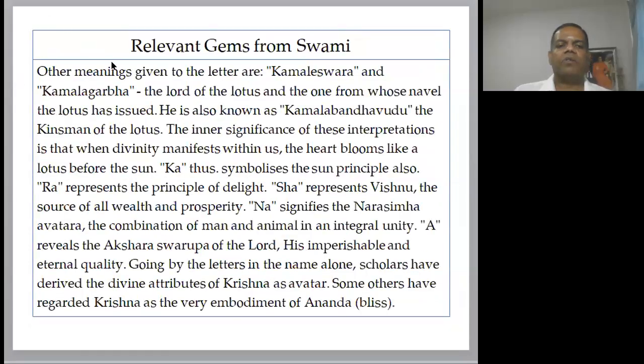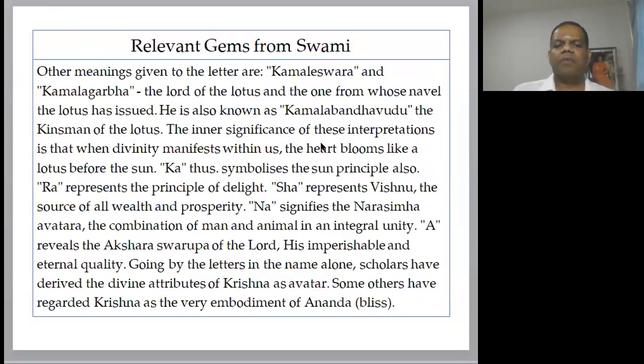Other meanings given to the letters are Kamaleshwara and Kamala Garbha, the Lord of the lotus, and the one from whose navel the lotus has issued. He is also known as Kamala Bandhavudu, the kinsman of the lotus.